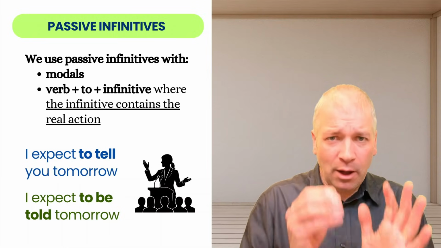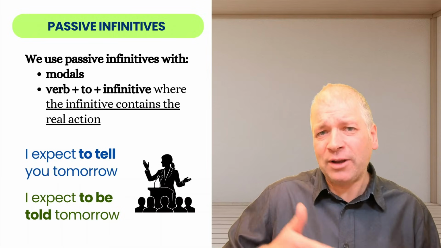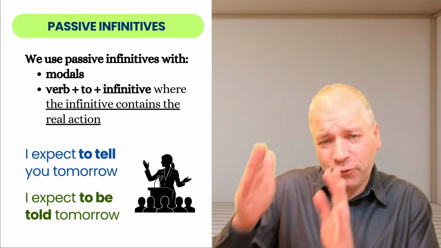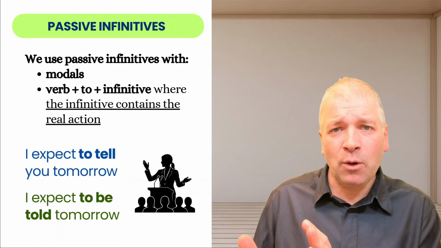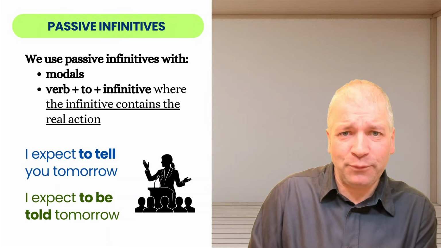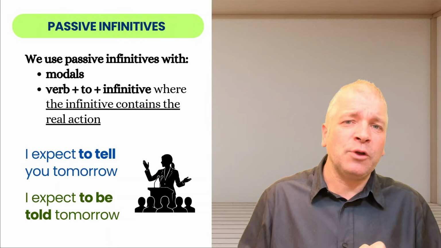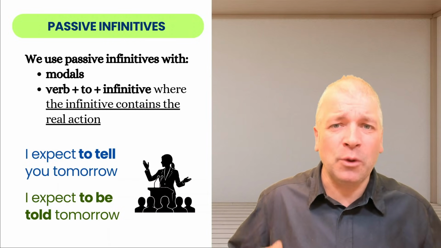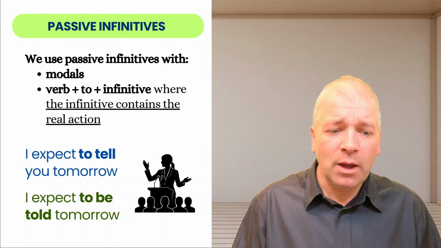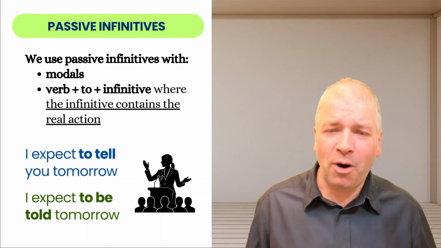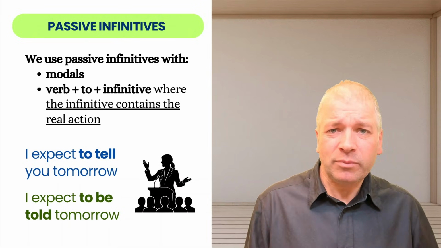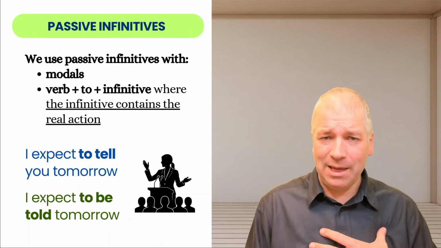We have a verb that then is followed by to plus infinitive. But if the to plus infinitive contains the activity, and then we want to make that passive, then it's the to plus infinitive part that we make passive. I expect to be told tomorrow. I expect to be told tomorrow means someone will tell me.